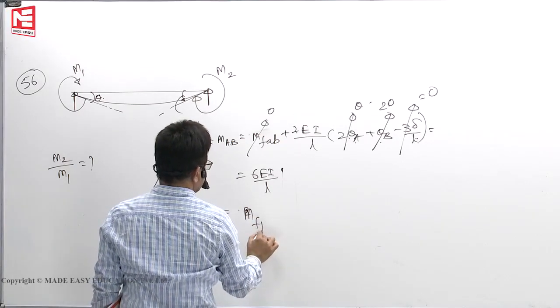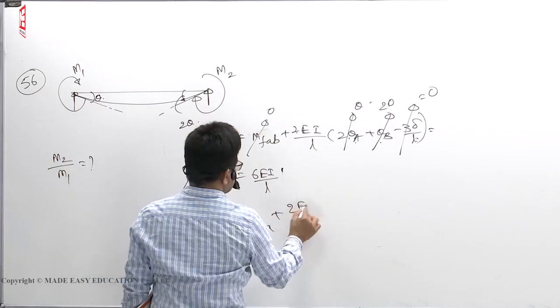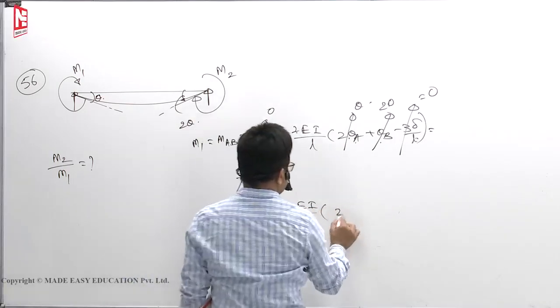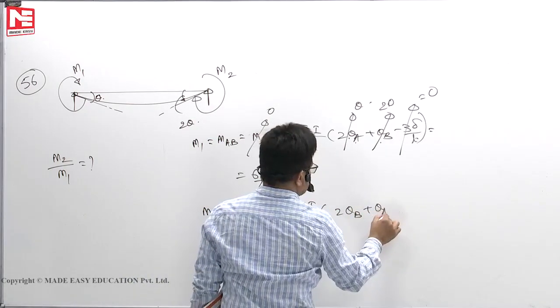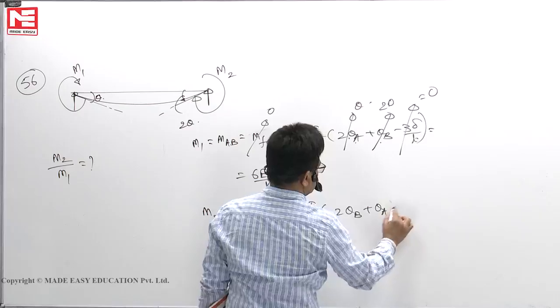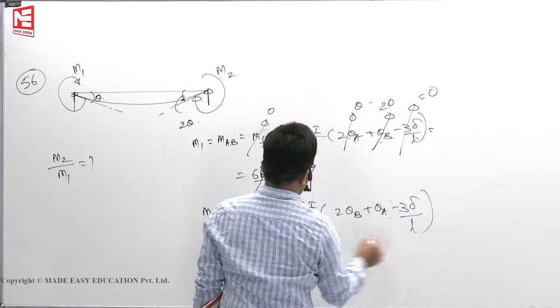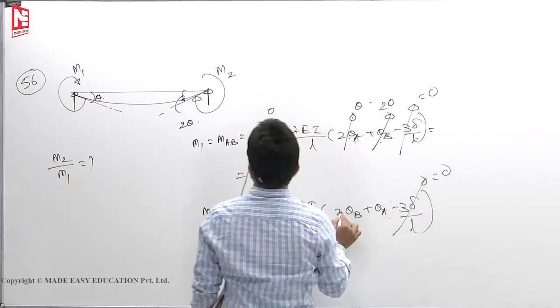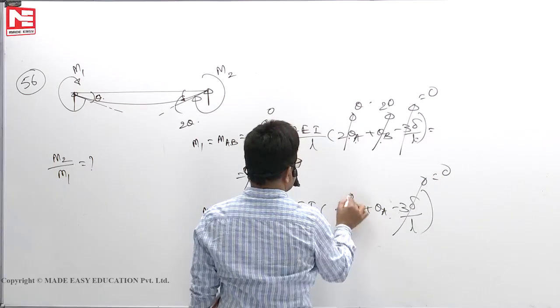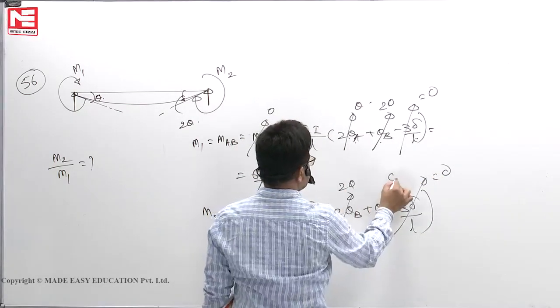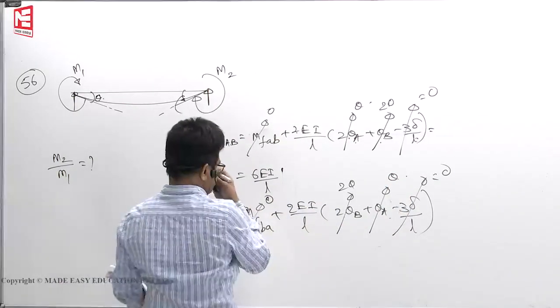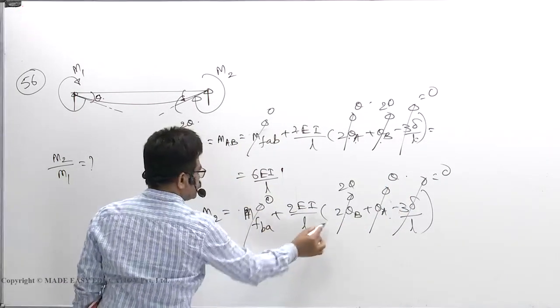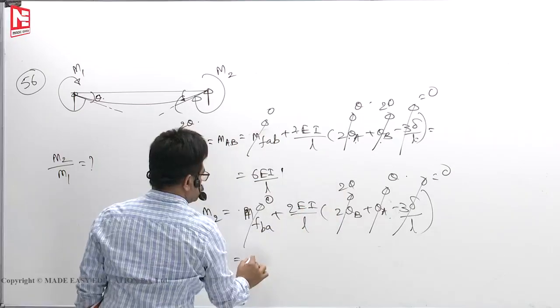I'll write the statement: MFBA plus 2 EI by L, 2 theta B plus theta A minus 3 delta by L. Fixed end moment 0, delta is 0, 2 theta B, this is 2 theta, theta A is theta only.